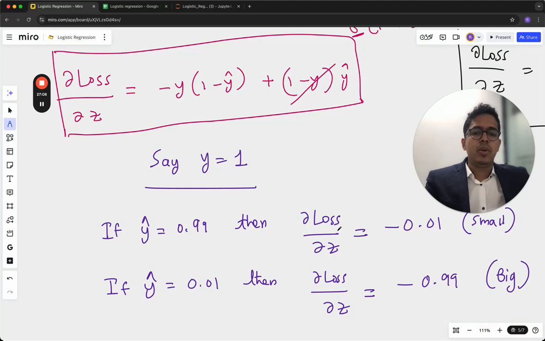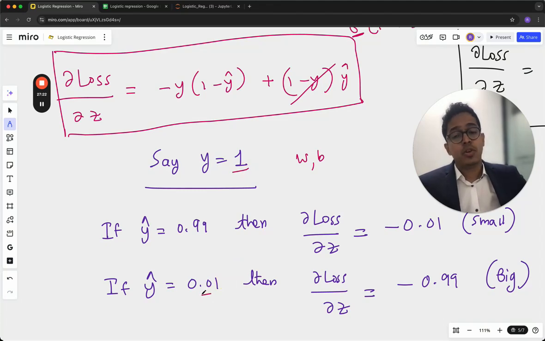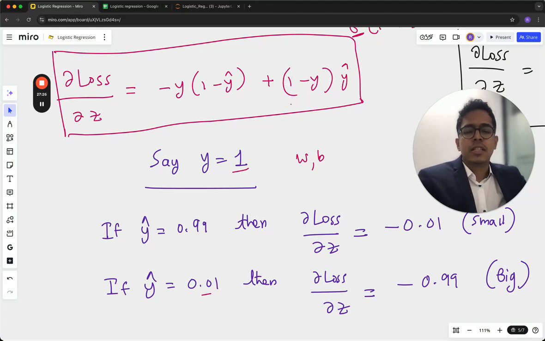So the term dou loss by dou z is very small, so you are not penalizing the parameters w and b that much. What if y cap equals 0.01? Then you have to penalize, because the real value of y is 1 but you are predicting 0.01. Now let's substitute 0.01 here. y is 1, so this term is again gone, because 1 minus 1 will be 0.